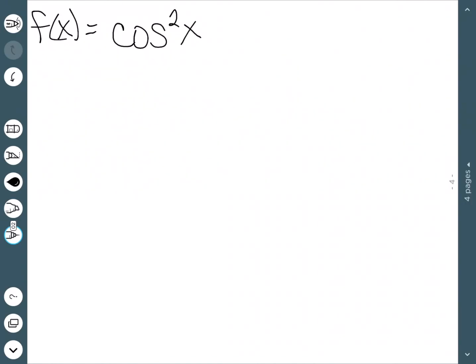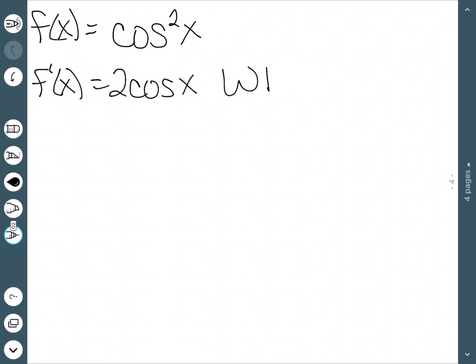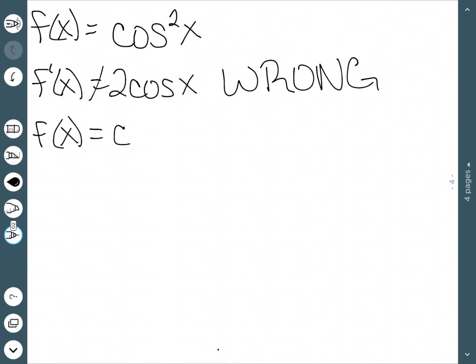Let's do another one. Cosine squared x. So you may once again want to just use our power rule, bring the exponent down and subtract 1. But once again, this is very wrong. This is a product and we have to treat it like one. Instead, I'm going to rewrite this as cosine x times cosine x. And then we can use our product rule.